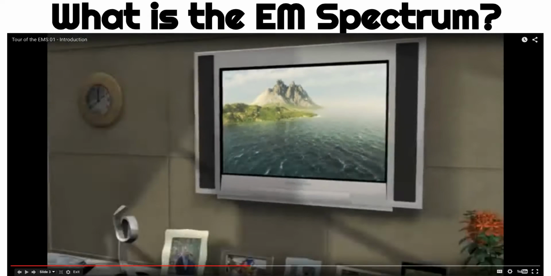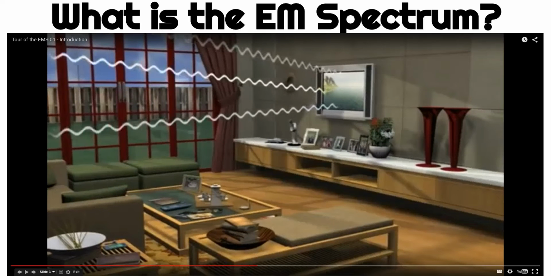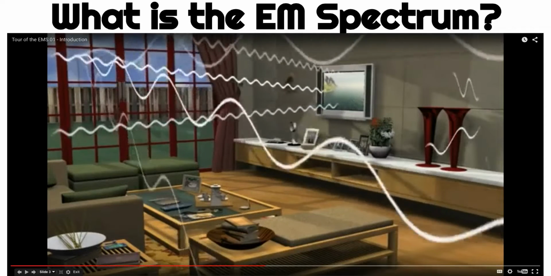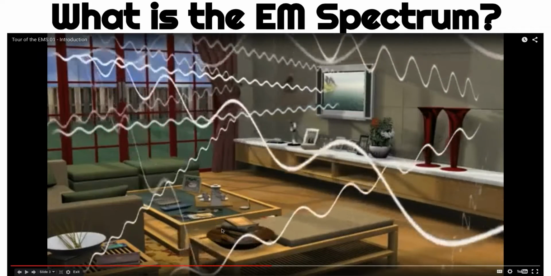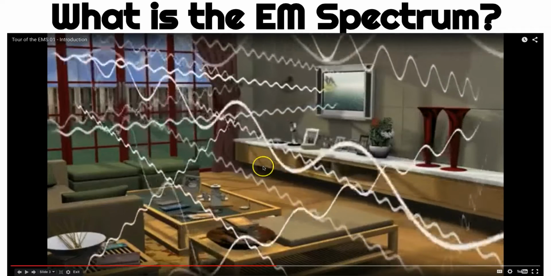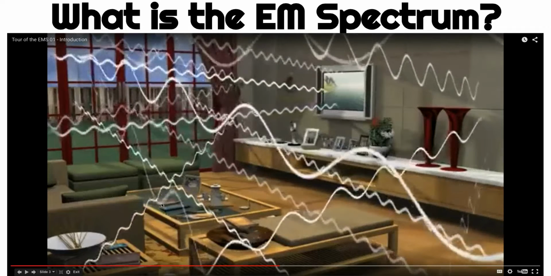So, as you sit watching TV, not only are there visible light waves from the TV striking your eyes, but also radio waves transmitting from a nearby station, and microwaves carrying cell phone calls and text messages, and waves from your neighbor's Wi-Fi, and GPS units in the cars driving by. Now, all of these waves are moving around you as you're sitting watching this video right now.